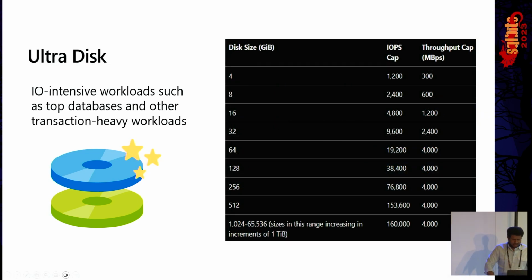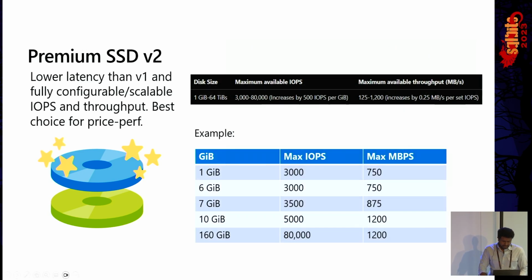Now, as I said, there is one more type called Ultra Disk. This one can go up to 160,000 IOPS, but I generally don't recommend this to customers because it is extremely costly. But it does offer sub-millisecond latency for workloads.